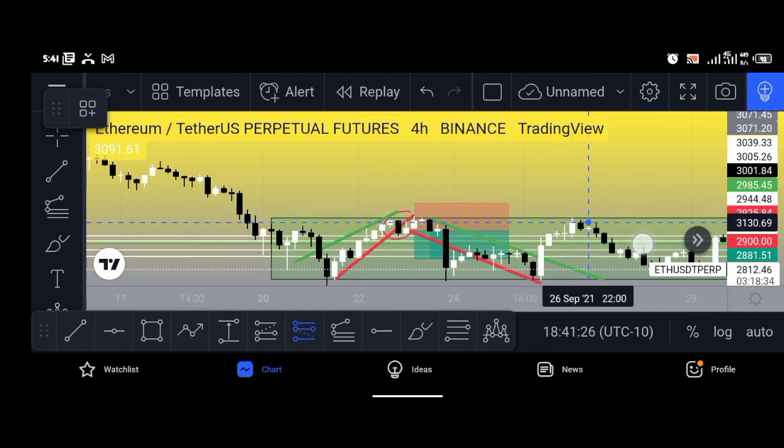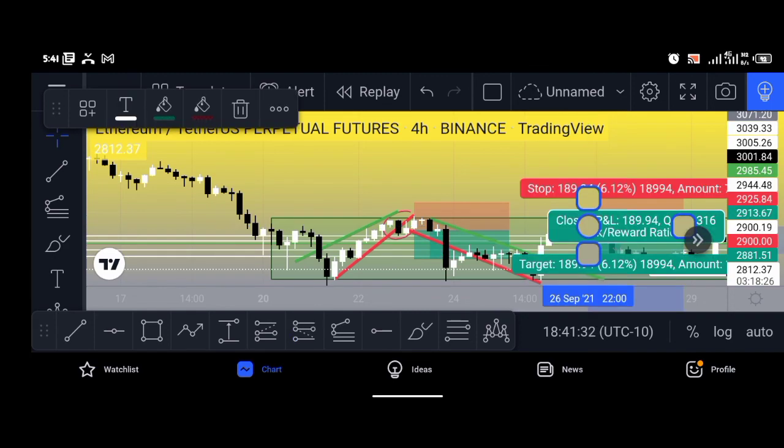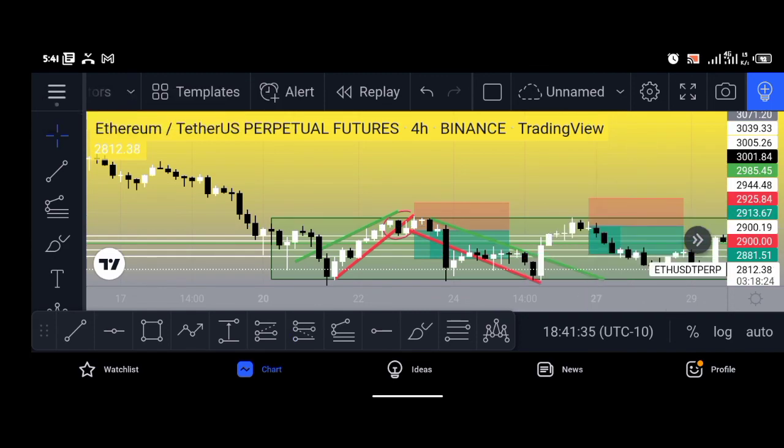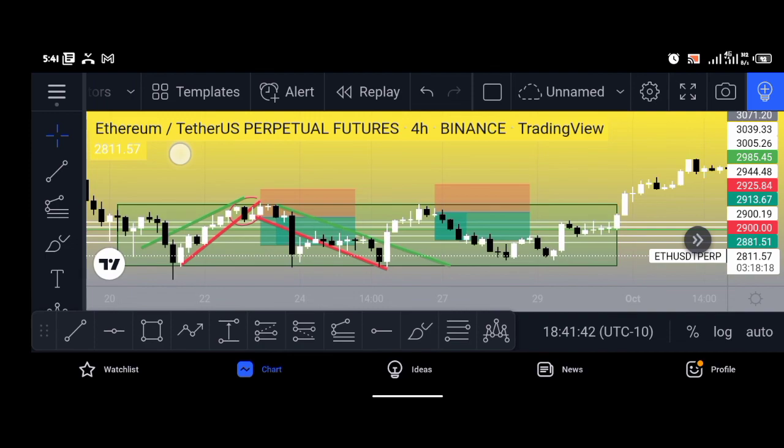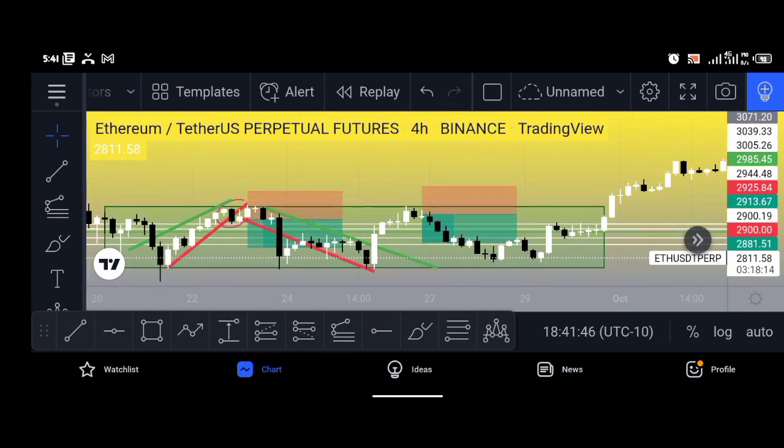So after the formation, now I place my trade with my 1-to-1 risk reward. You see it hit my target. So that is how you trade the candlestick pattern in a ranging market.